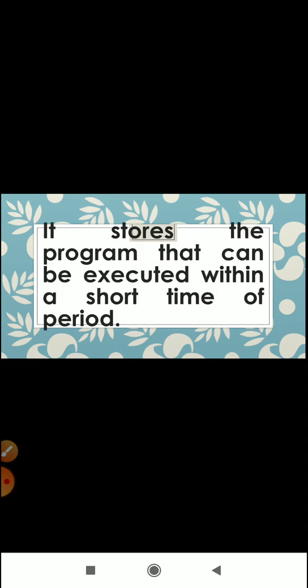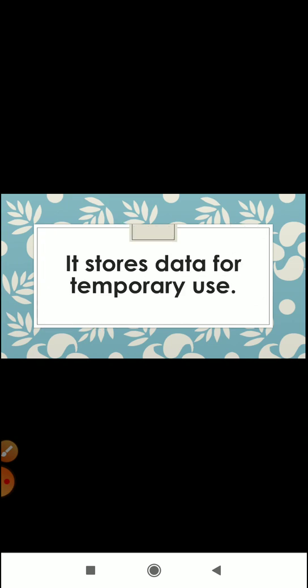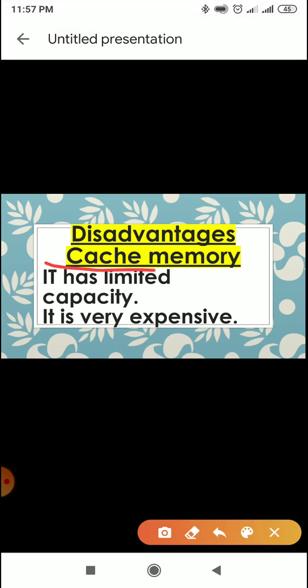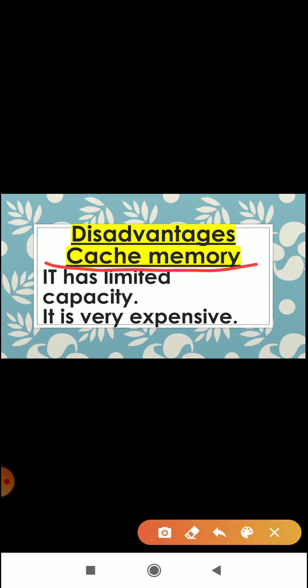It stores the program that can be executed within a short period of time. It stores data from temporary memory. Now, disadvantages of cache memory. It has limited capacity. Next, it is very expensive.